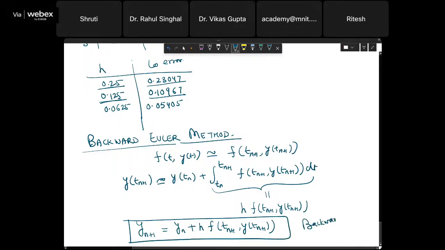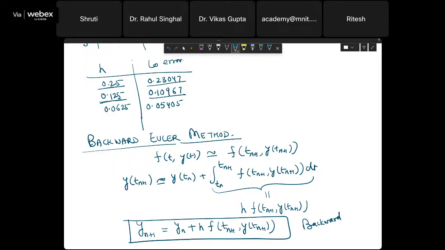Okay, so what is the difference? Here, this method defines yn plus 1 implicitly. Sorry, this is not tn plus 1; this is with t, yn plus 1. So this is known as backward Euler.